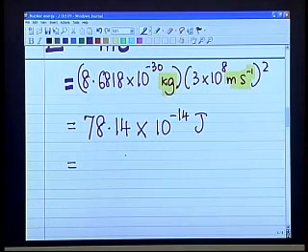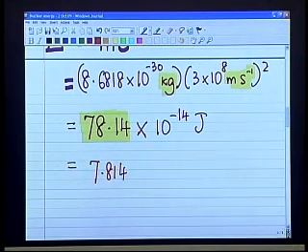Let me teach you how to do it in a very effective way. This part, you change it to 7.8. What have I done? I need to multiply by 10.